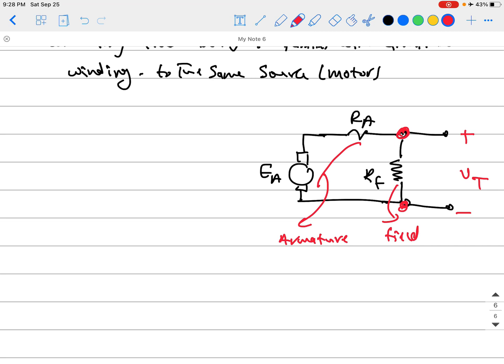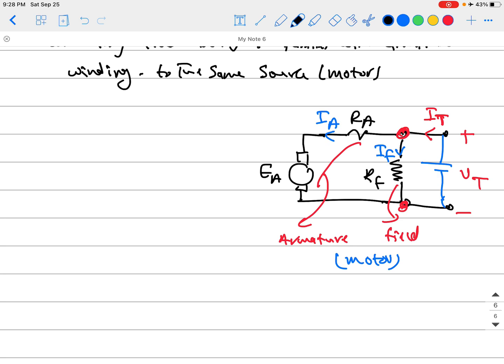And it just looks smart. So this current now is called I terminal, for motor mode. That means we are applying a DC source like this. And the current here will be I field, and the current moving through here will be I armature.